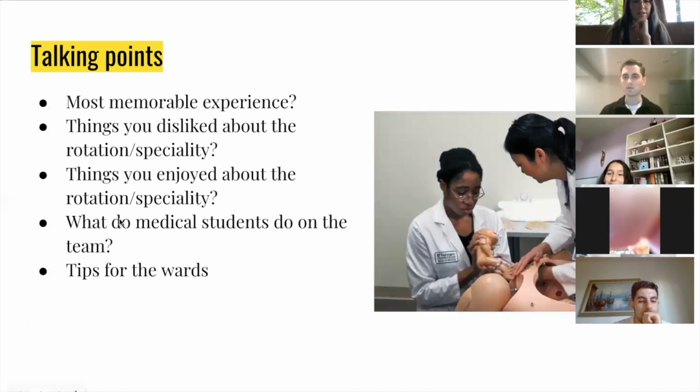Yeah. And for this next one, what do medical students do on the team? Richard, you can chime in on this one too. I kind of want to talk about what medical students' job is. For example, in a C-section, the medical student's job is to hold what's called the bladder protector, where essentially it's this metal piece that goes right over the bladder to protect it.